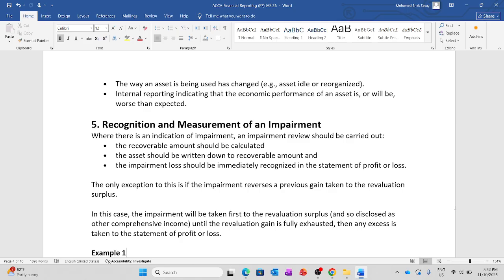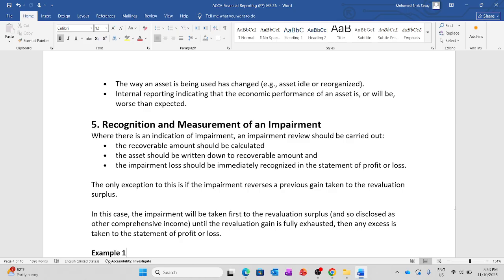We need to ensure that the asset is written down to its recoverable amount. Then the impairment loss should be immediately recognized in the statement of profit or loss as an expense. So the double entry for impairment: we are going to debit expenses and we are going to credit the value of the asset, so we can reduce the carrying value of the asset to its recoverable amount.